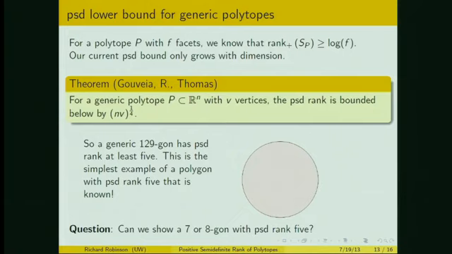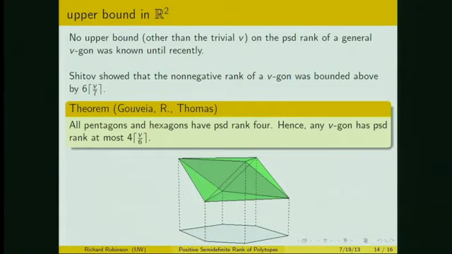Those were done by Briët, Dadush, and Pokutta in a paper, and what they say is that there exist 0,1 polytopes with exponential PSD rank. So there do exist polytopes with exponential PSD rank, we just can't find really explicit examples.